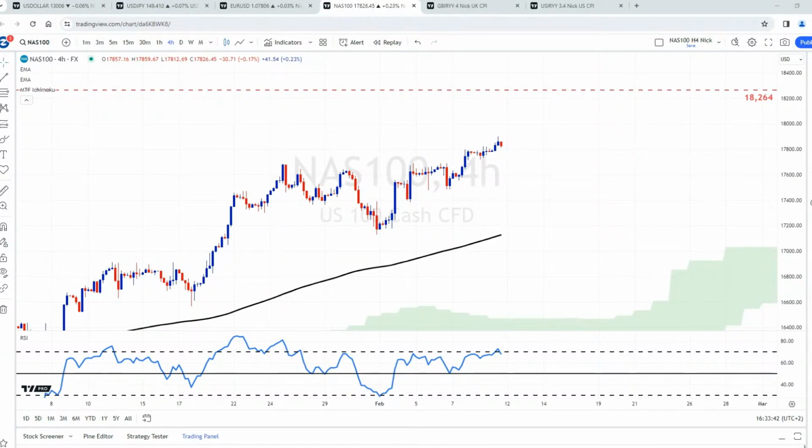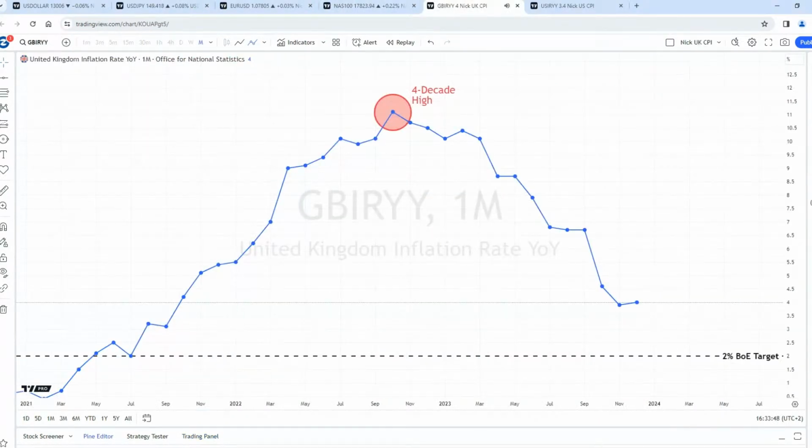some key events coming up early next week. It's a hot week, mostly inflation. So let's start with the UK. We expect the CPI inflation there on Wednesday. It has more than halved from its October 2022 multi-decade peak, as you can see on this graph here.